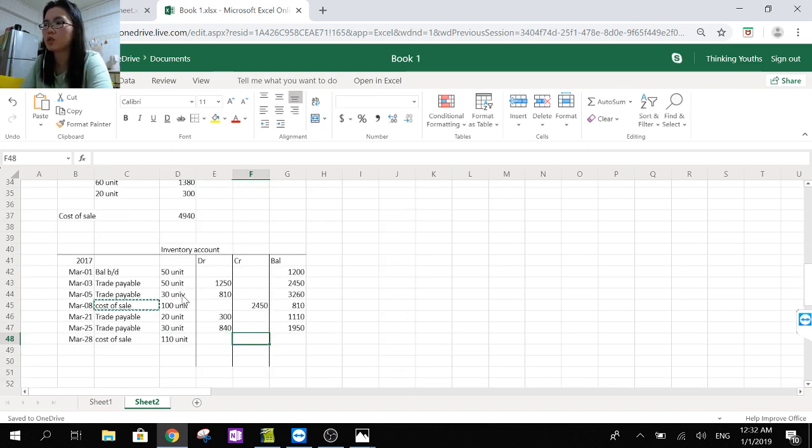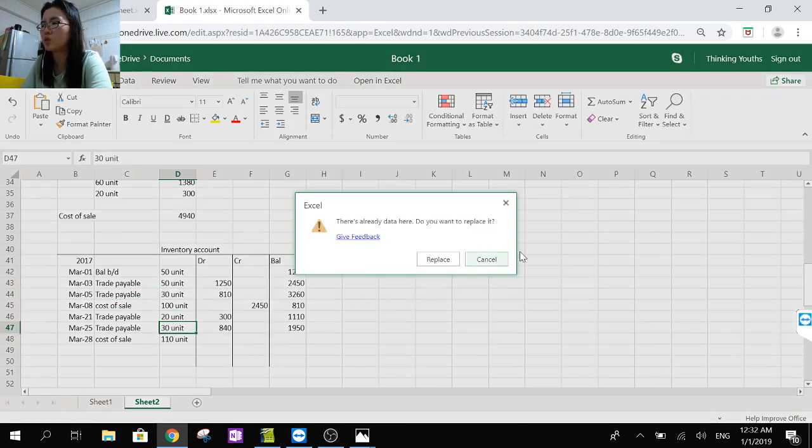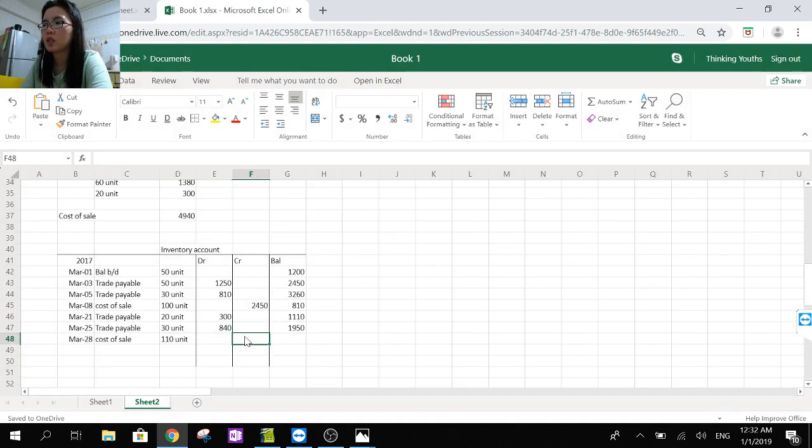So you need 110 units. You have to take this, because this batch and this batch are already sold. So what you are left with is this and this to make up 110. So after that, your inventory is 0.